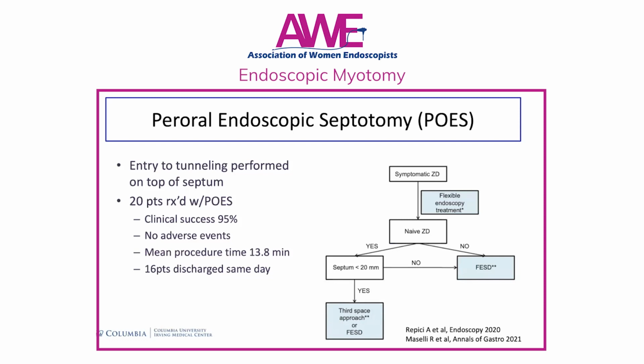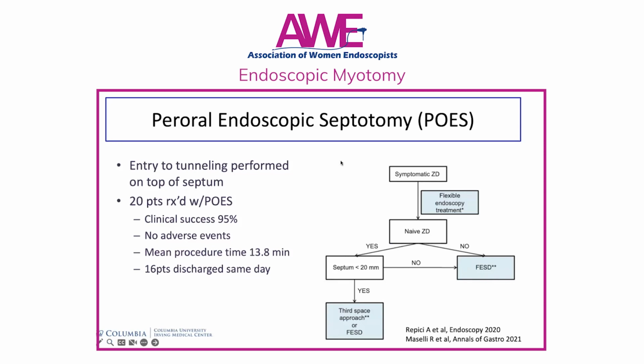In those cases, if it was naive, patients could undergo a third space procedure if the septum was less than 2 centimeters. However, if they had either undergone something, in which case scar tissue is available, or they were large diverticula, then these patients were recommended to undergo flexible endoscopic septotomy, with the thinking that leaving the intact mucosa would result in residual symptoms.